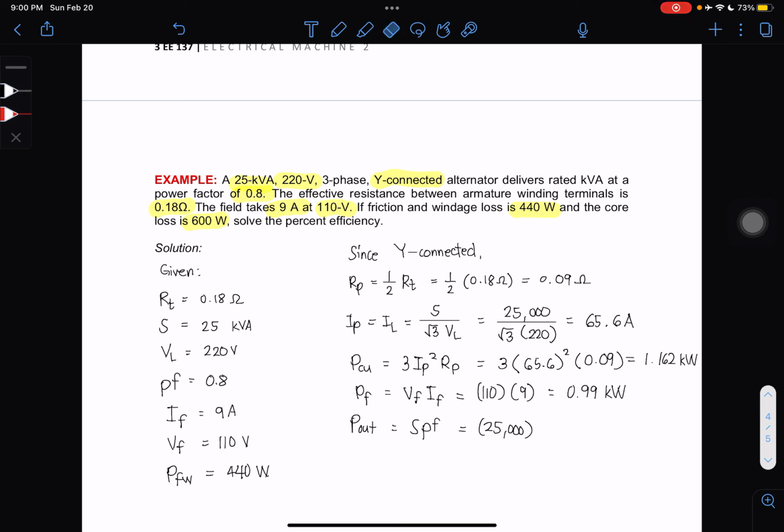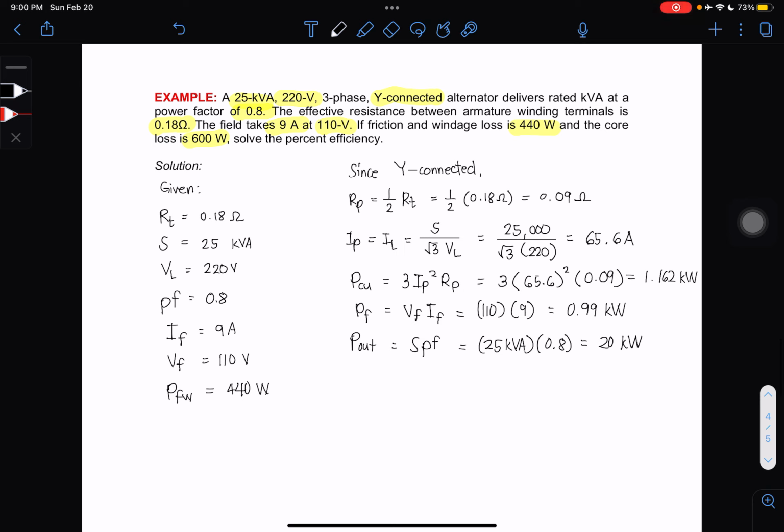So we can use kVA so that it will be less confusing since we are using kilowatts. So 25 kVA multiplied by our power factor of 0.8. So our power output will be 20 kilowatts. I forgot to write our core loss. So we have 600 watts.